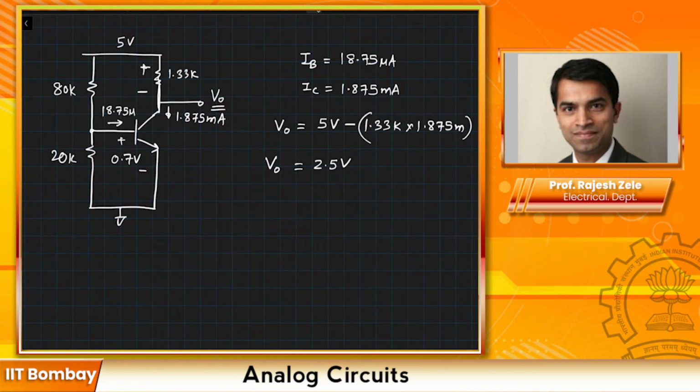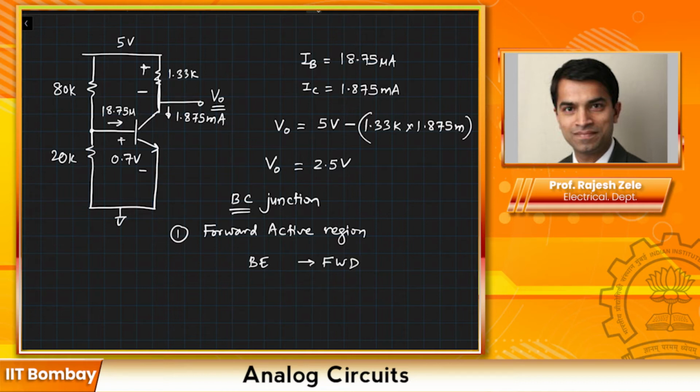Now we have to verify what is the status of the base to collector junction. Why are we doing that? Since we assumed in the beginning that the transistor was forward active, and the rule for forward active region is: base to emitter junction is forward biased and base to collector junction is reverse biased.